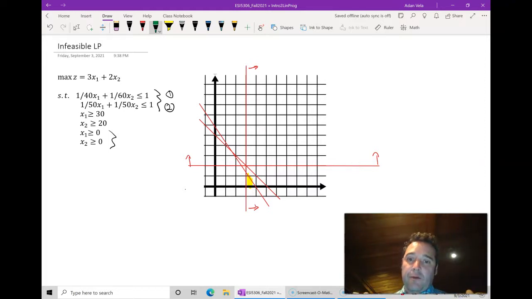The issue becomes if we require that x2 is greater than 20, then this yellow region no longer is feasible. So in fact, we have no feasible points or solutions in x1 or x2 that would satisfy all the constraints.